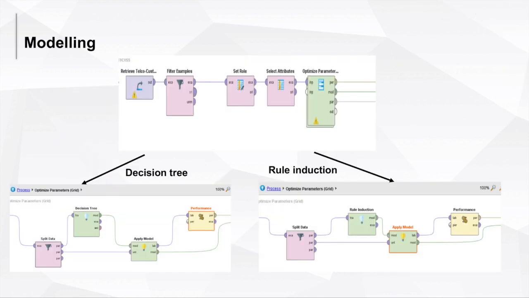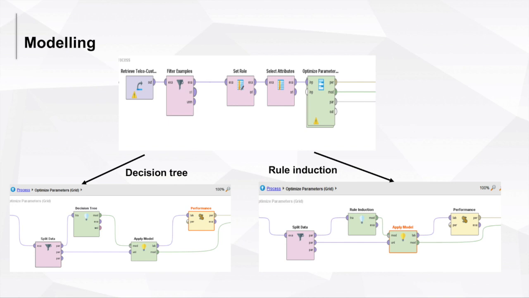Here is the design of the models. First, we filter examples with missing attributes. About 11 examples were filtered in this dataset of around 7,000 examples. Therefore, the impact is minor. Then we select out some attributes that have minor impact on the model. And we use an optimize parameters operator to run the tree model and rule model.